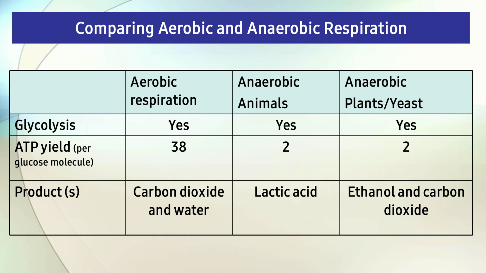Now we are comparing aerobic respiration and anaerobic respiration in animals and in plants. In glycolysis, aerobic respiration has glycolysis. Anaerobic respiration in animals also has glycolysis. Anaerobic respiration in plants and yeast also has glycolysis. ATP yield is per glucose molecule.